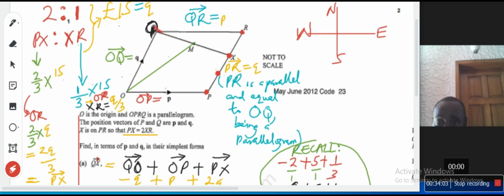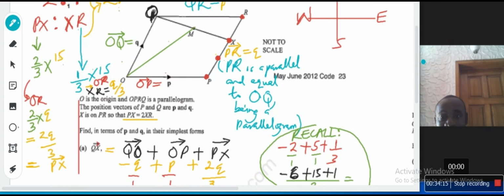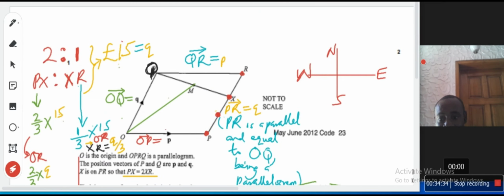QM is half of everything, so we can get QM first. So let's get QM first. Remember, QM is half of what? QX.